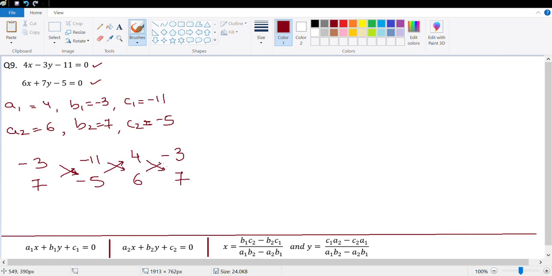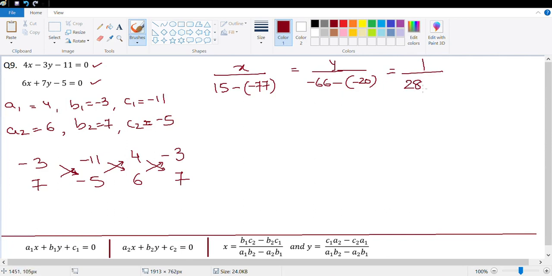and what we get is x upon negative 3 into negative 5, that's 15, minus 7 into negative 11, that's negative 77, is equal to y upon negative 11 into 6, that's negative 66, minus negative 5 into 4, that's negative 20, and 1 upon 4 into 7, 28, minus 6 into negative 3, negative 18.